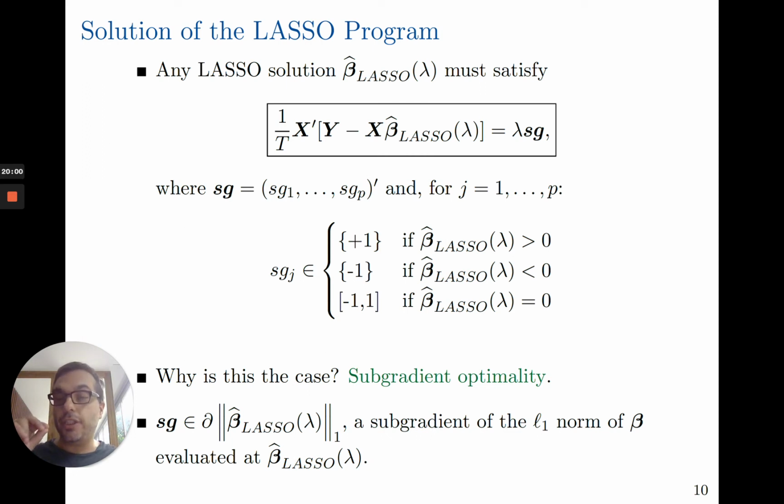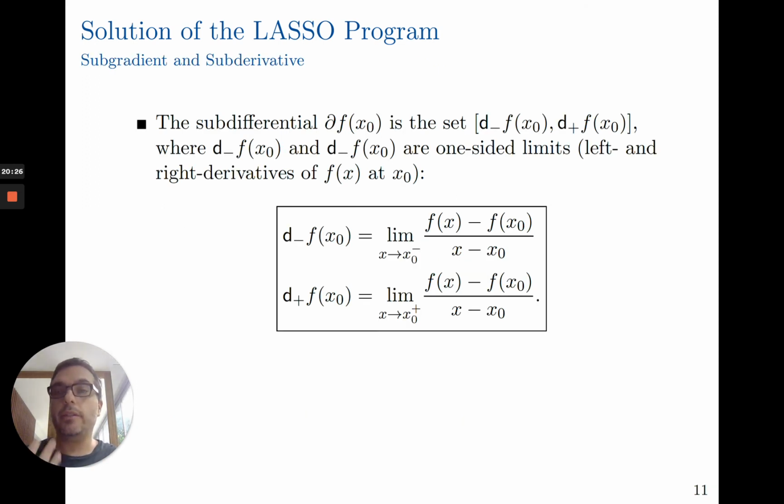So this SG vector belongs to the subgradient of the L1 norm. So it is the derivative of the L1 norm of the coefficients evaluated at beta hat lasso. And what's the subdifferential?